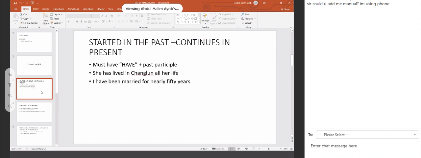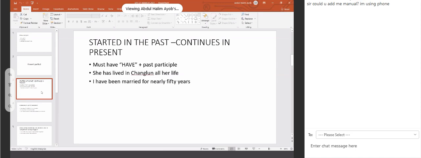An example here: she has lived in Changlun all her life. Meaning, she started living in Changlun in the past, and she is still living in Changlun right now.